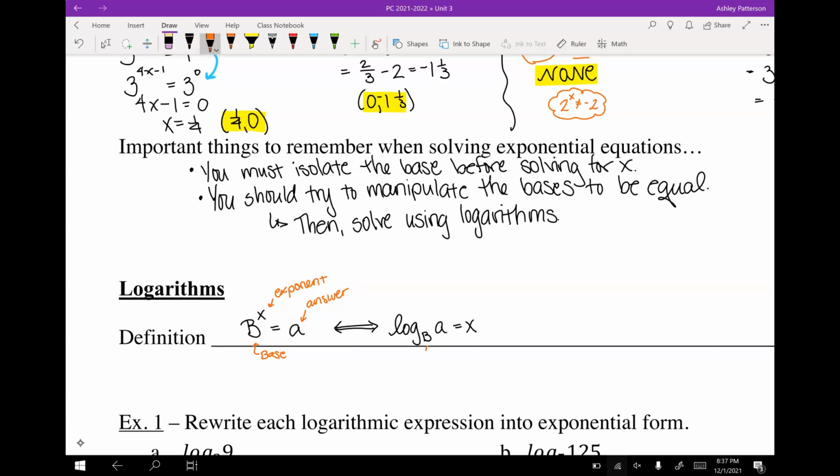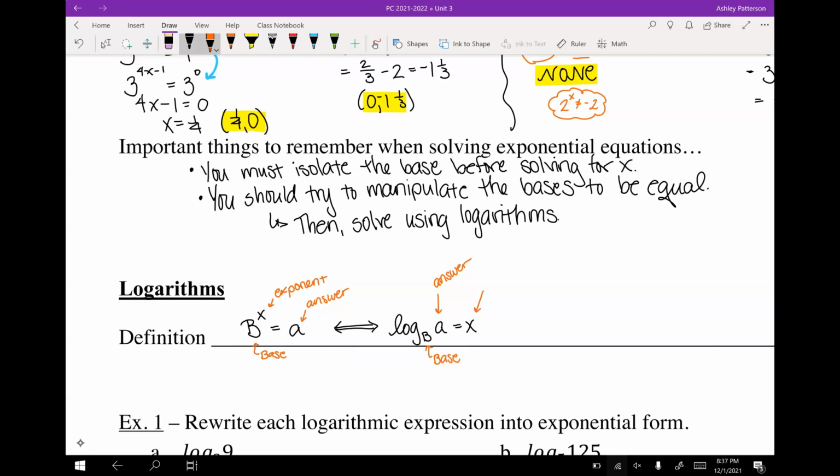That's how it works in reverse. So we say log base b of answer. And for those with me on Tuesday, remember that I said it's not log base b times a. It doesn't make any sense. That would be like saying, oh, I'm going to take the square root times 4. Huh? Square root of what? Nobody knows.